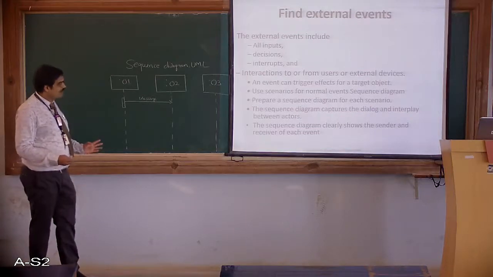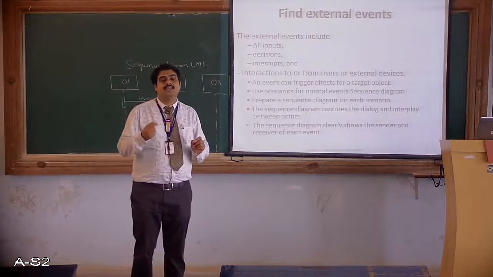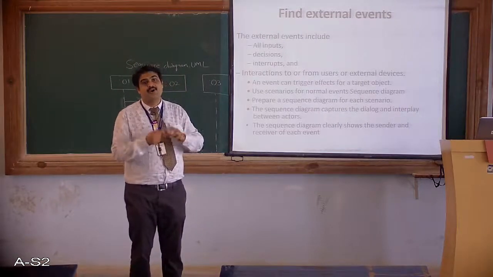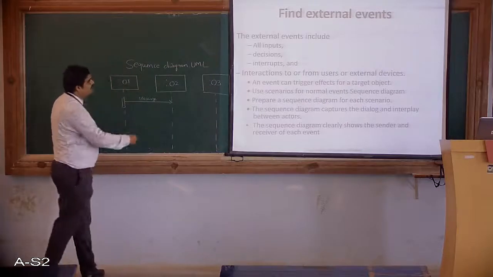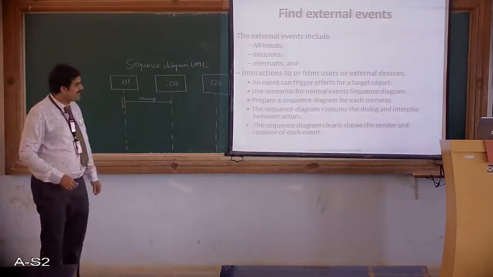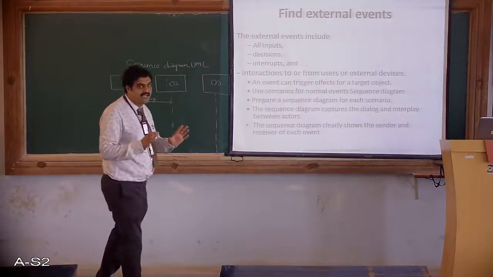That is also fine. It is based on how you have managed the sequence of the tasks in your analysis. That is how you can use this sequence diagram to represent different scenarios.